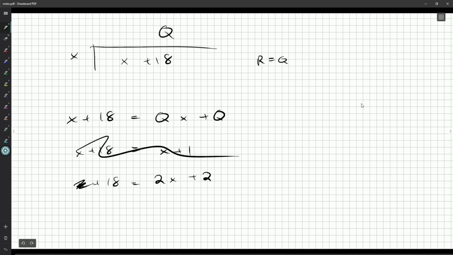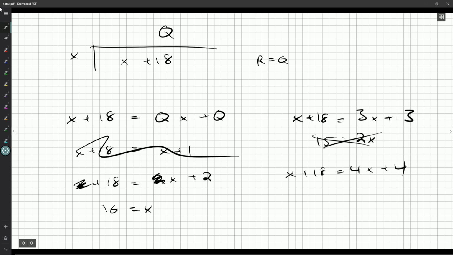And if you subtract x from both sides, subtract 2 from both sides, you'll get x is 16. Okay, great. You could start going and just building yourself up with cases. Now, this is a little inelegant, and you probably wouldn't necessarily get full marks unless you gave a detailed explanation as to a good stopping point. So if I subtract 3 from both sides and subtract x from both sides, 15 is 2x, well, that's not going to happen with an integer. And you can just keep going like this. But you'll find that nothing really works.